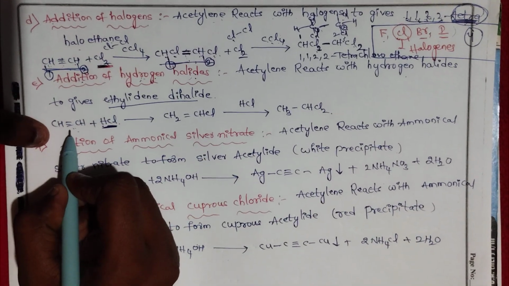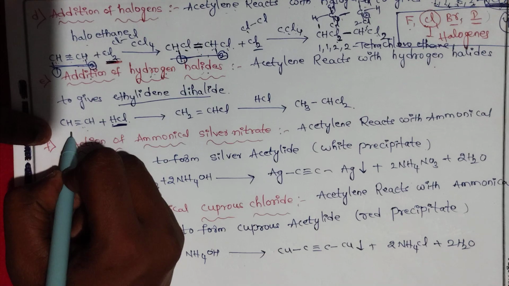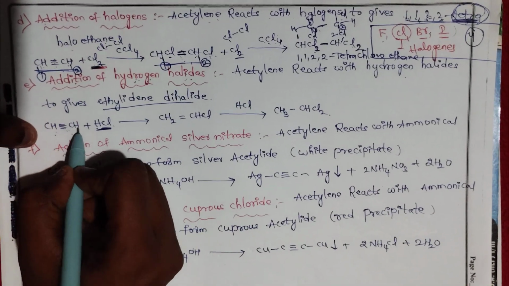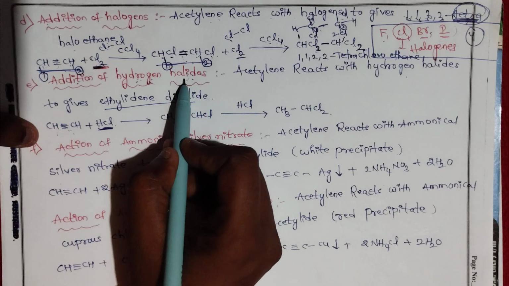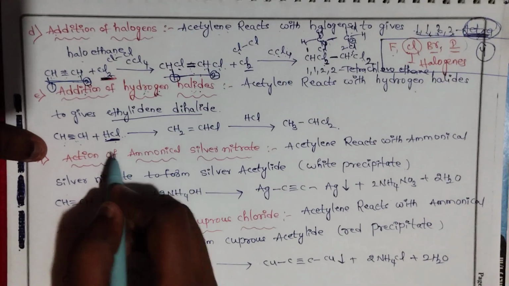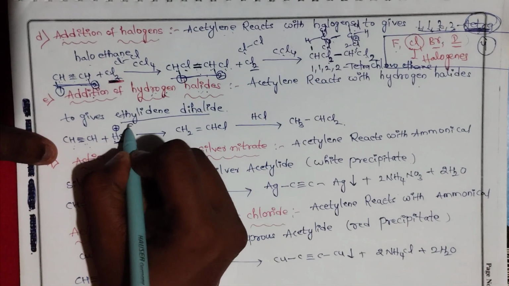How do we get this ethylene dihalide? Same formula. What is the formula of acetylene? CH triple bond CH, and as the hydrogen halide example we take HCl. The same phenomenon: two groups are there, H plus and Cl minus.